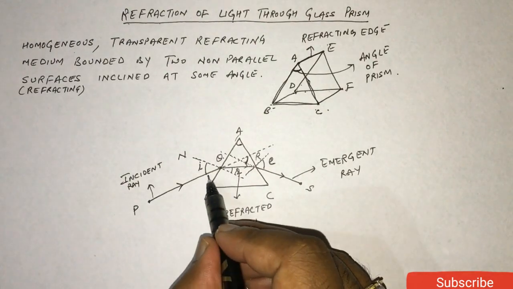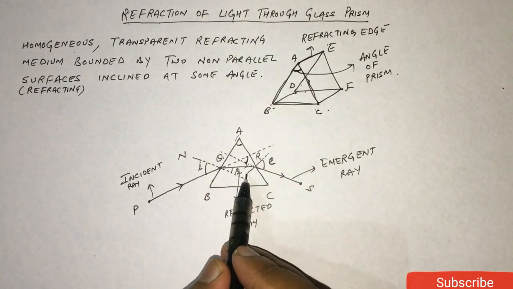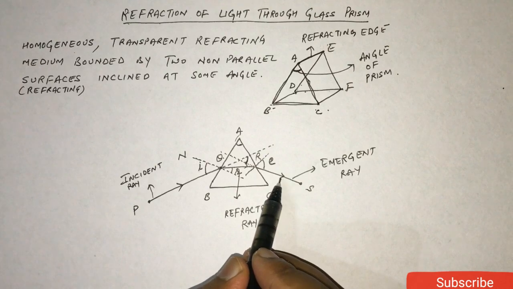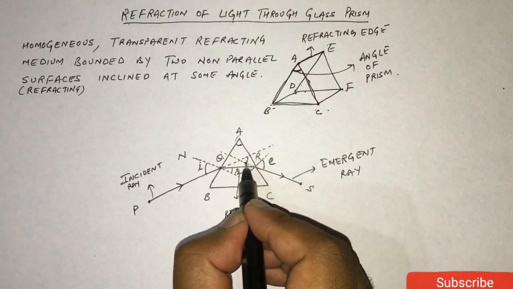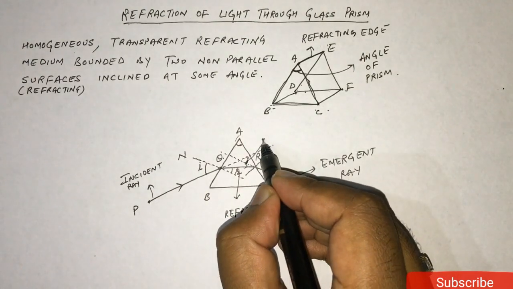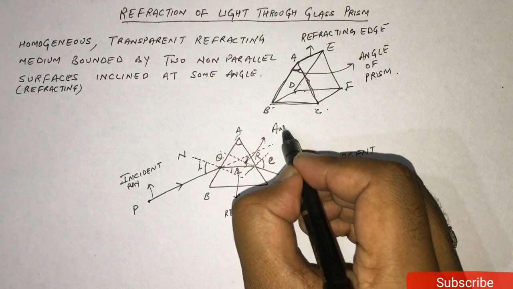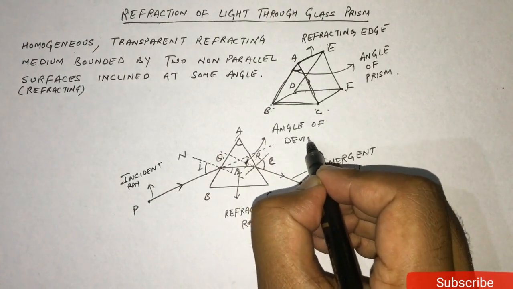Means this is the initial path of the incident ray, and when the light ray comes out from the prism, the path is this. So by this angle the light ray deviates, and this angle is known as angle of deviation.